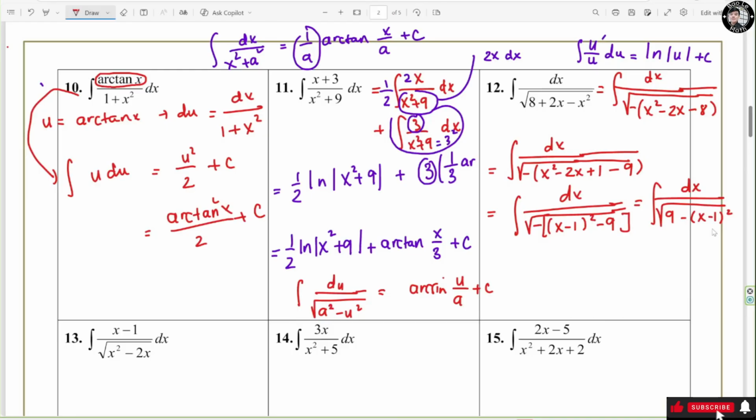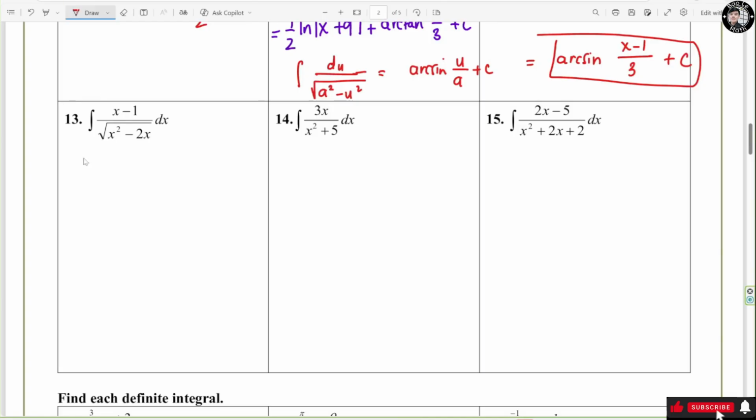Now u in this relation is s minus 1, and a in this relation is 3, because 3 squared equals 9, right? So this turns out to be arcsine of (s minus 1) over 3 plus c.